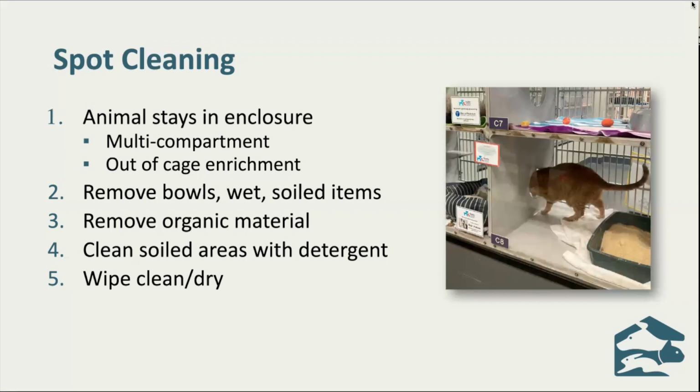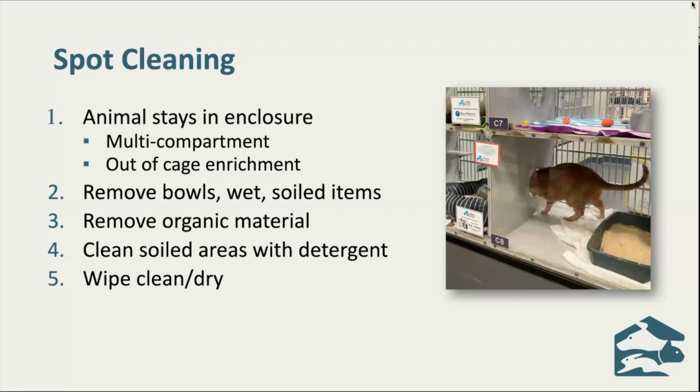So basically what we want to do is move the animal to a different compartment of the enclosure, remove any of the food and water bowls, anything that's wet and soiled, and we want to physically remove any organic material. So with a dustpan or with a rag, whatever the appropriate tool might be for the situation at hand. Then you want to clean those soiled areas with a detergent.